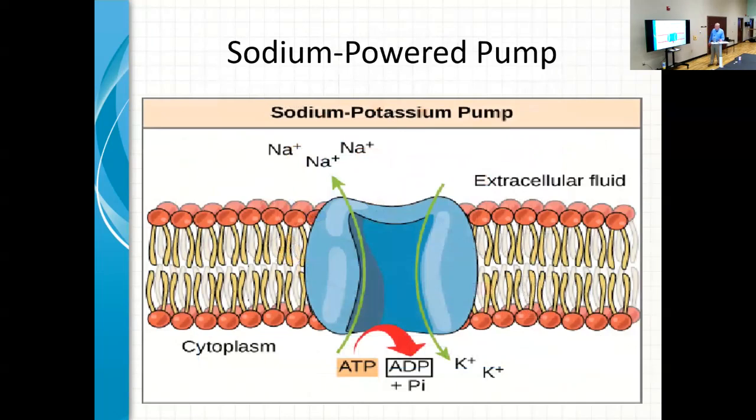This is an updated version that I found online. And here's where you have a lot of the sodium coming out of the cell. This is the inside of the cell. This is the outside. And here's the potassium coming in.